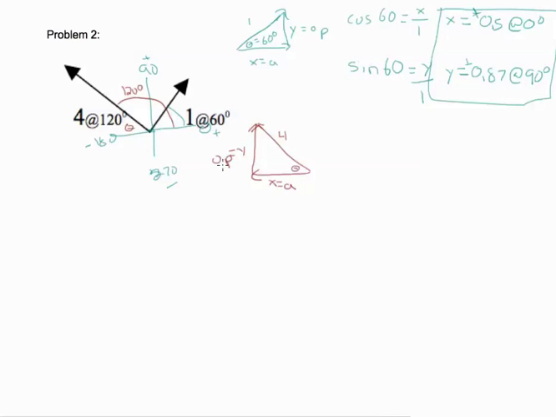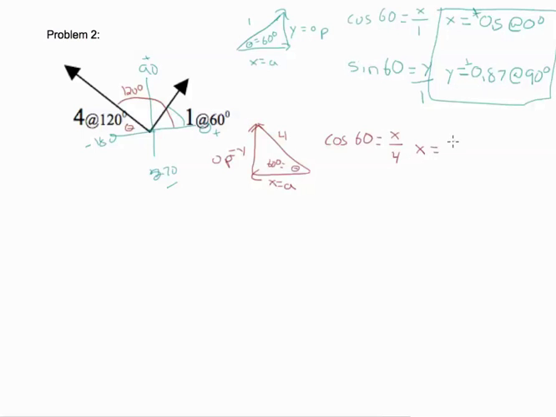So in order to solve for our x, we do cosine of theta equals adjacent over hypotenuse. And our x is pointing towards 180, so we say negative 2 at 180 degrees.